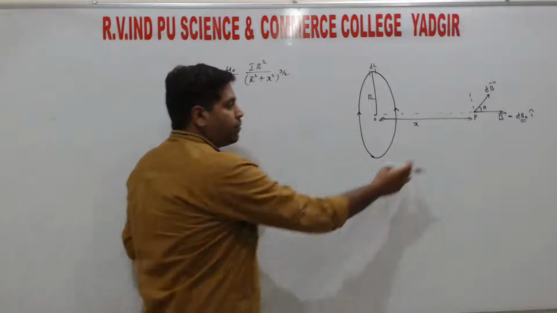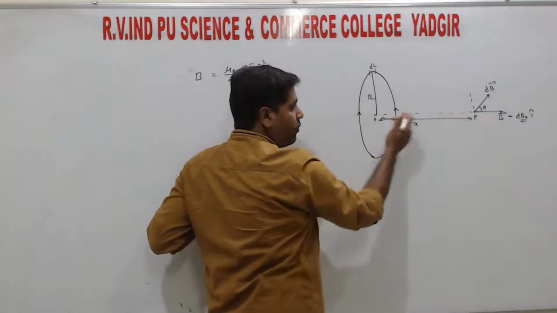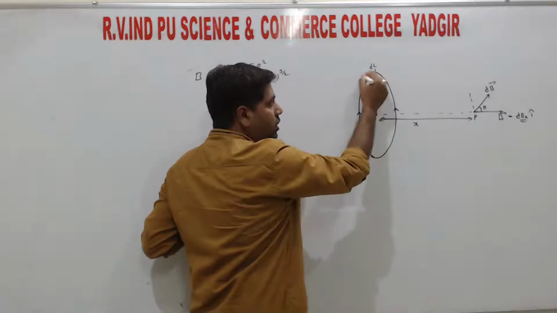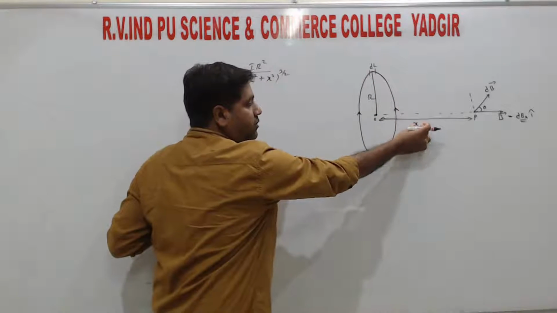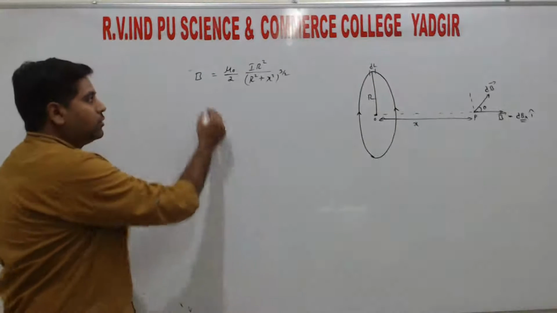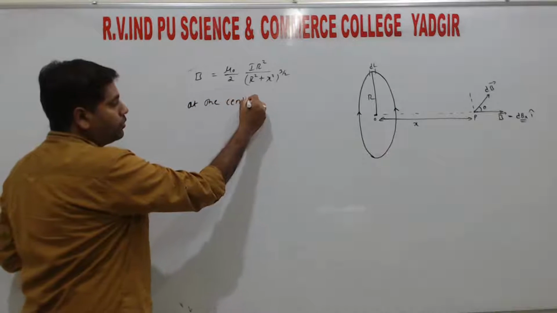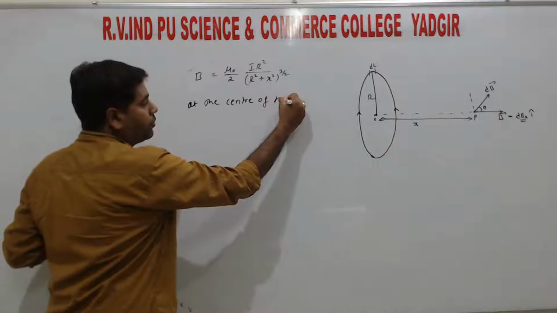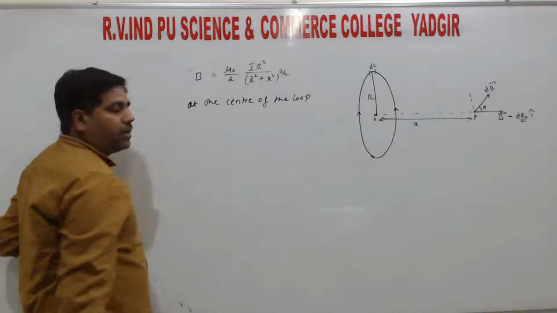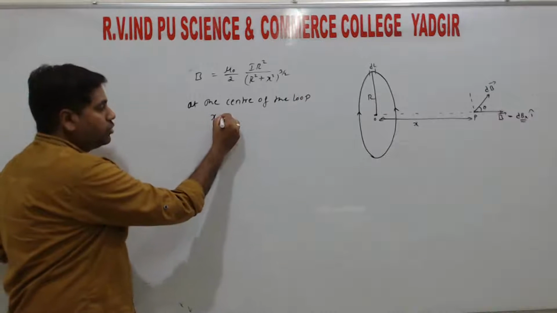If we want to find the magnetic field at the center of the circular loop, then x becomes 0. So point P lies at the center of the loop, x is equal to 0.